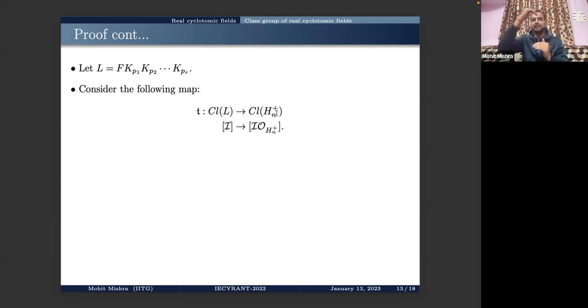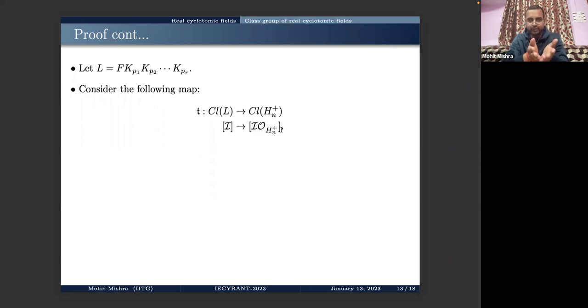Remember, L is contained in Hn plus, and since we have already exhausted all the odd degrees here, the degree of Hn plus over L is purely even. Again, by purely even, I mean it is just 2 to the power something. And this map is nothing but: if you start with any ideal class, lift its representative to this Hn plus and take its ideal class.